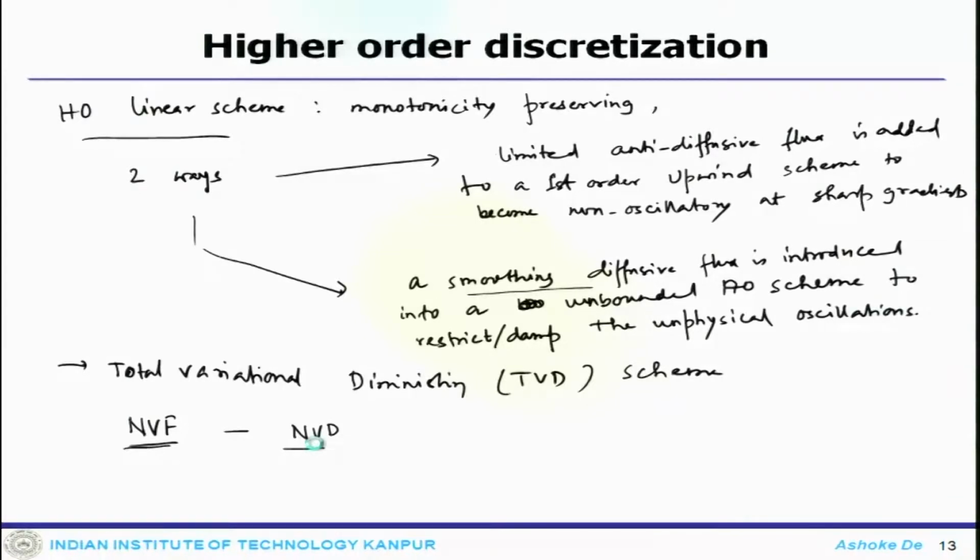Now, the point comes to the convection boundedness criteria. So, this is an important criterion which is needed for devising this kind of higher order scheme.